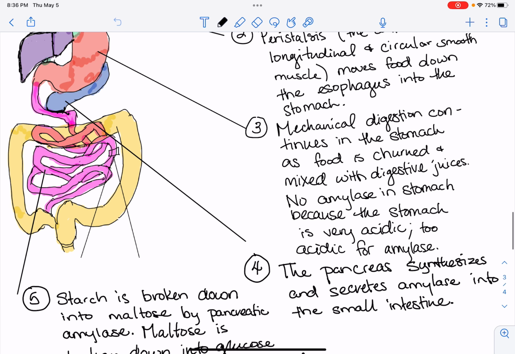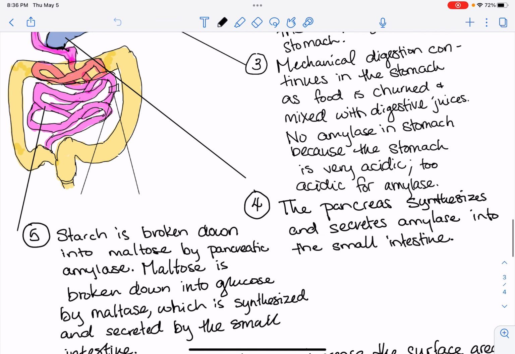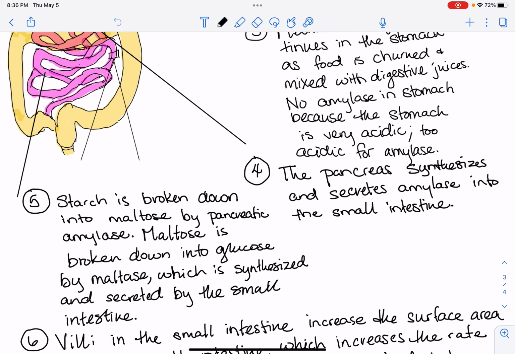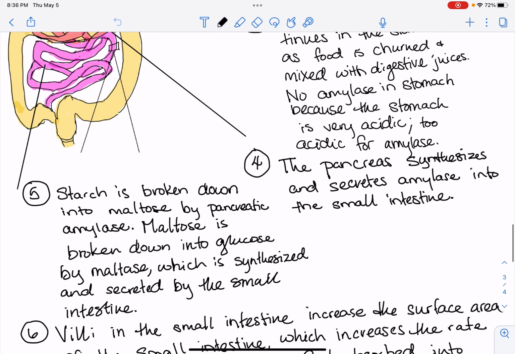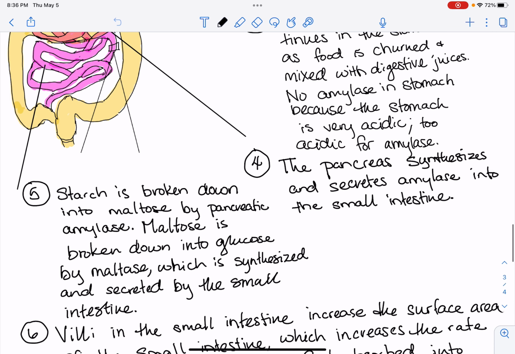Then what happens? The pancreas is going to synthesize and secrete the amylase into the small intestine. So then in the small intestine, the starch is going to be broken down into maltose. Okay? Maltose is broken down into glucose by maltase.